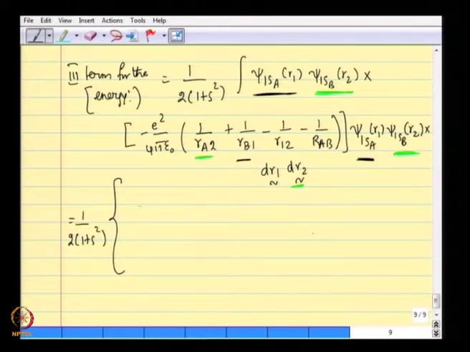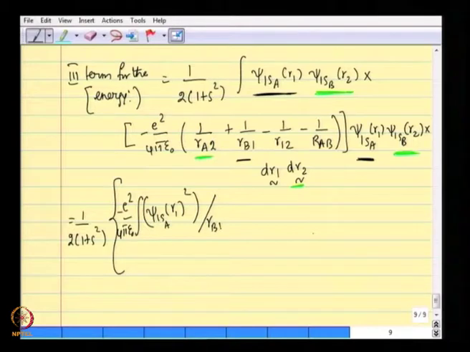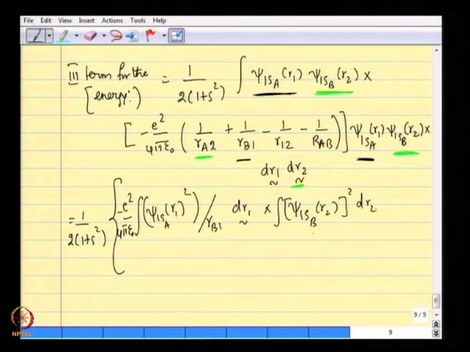appears like psi 1s a of r1 squared, multiplied by minus e square by 4 pi epsilon naught over r b1, d r1, and multiplied by, of course, psi 1s b of r2 squared d r2. Okay.